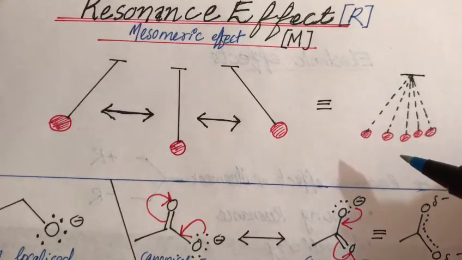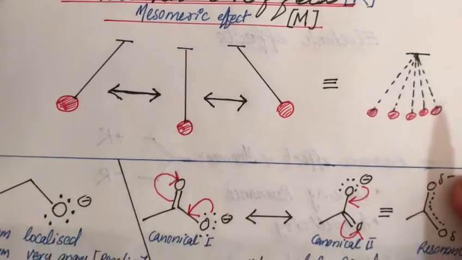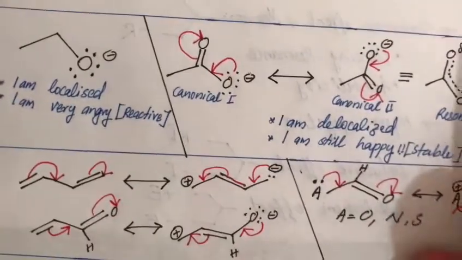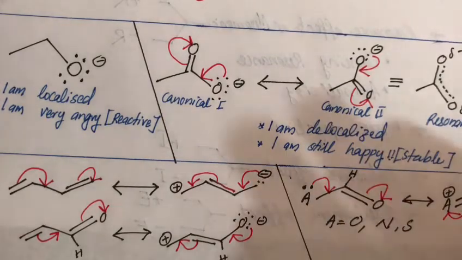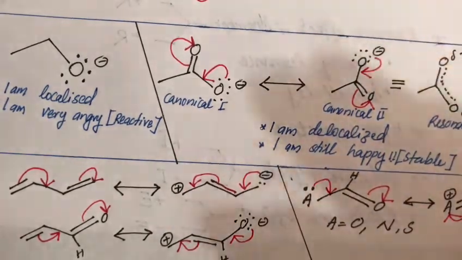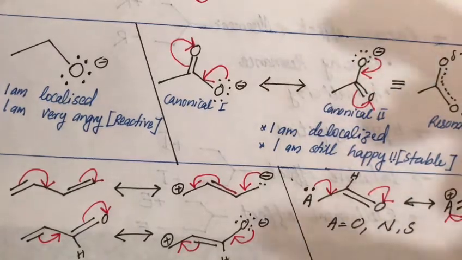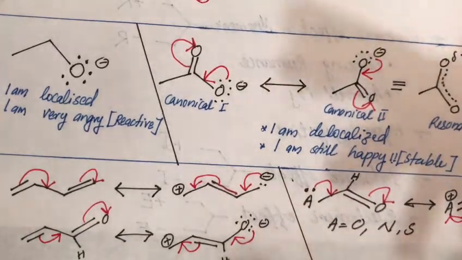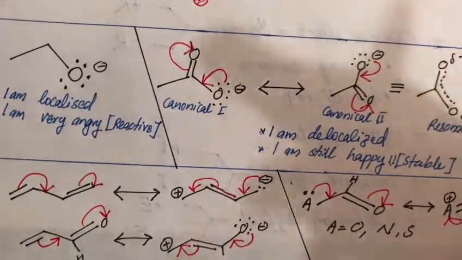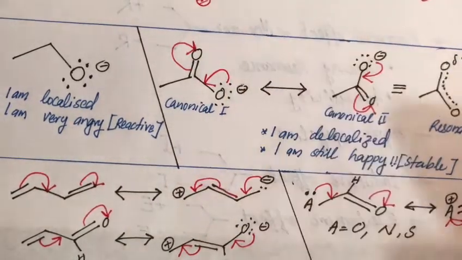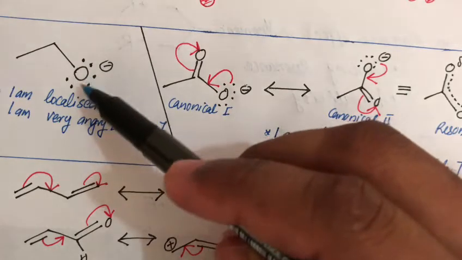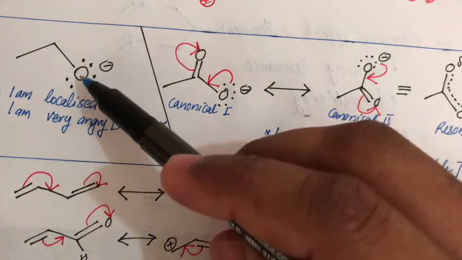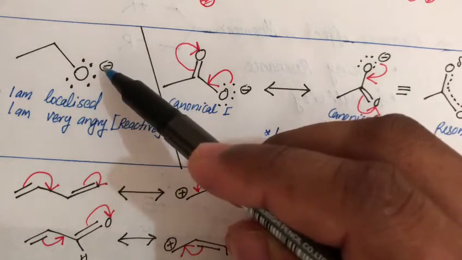Clear? Now we move to our topic. That was only a model, and in order to study anything in science we use a model, so it is easier to learn. See this molecule. It has a lone pair of electrons on oxygen, with a negative charge.